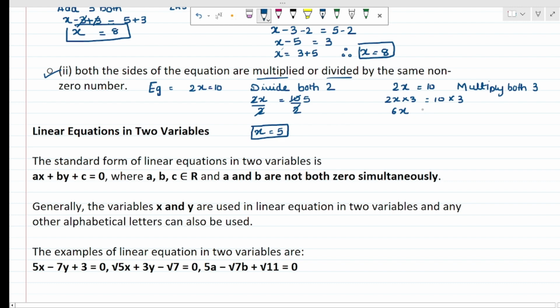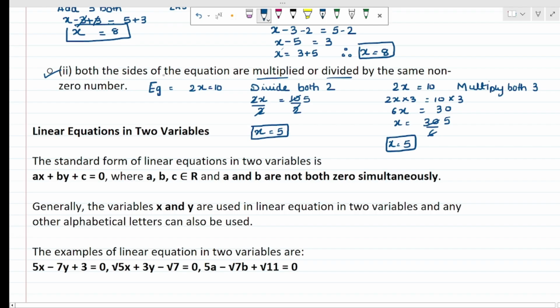That means I will get 6x equals 30. Okay, is it clear? Now, this 6 is in multiplication. So, x will be equal to 30 by 6. 6 5s are 30. So, you will get x is equal to 5. Again, I got my value of x is equal to 5.